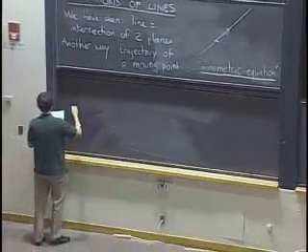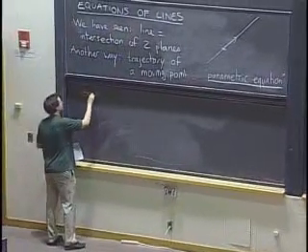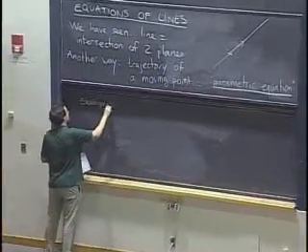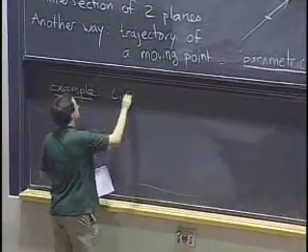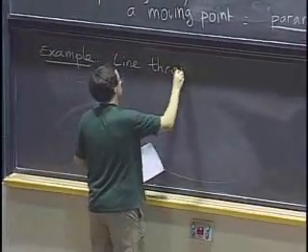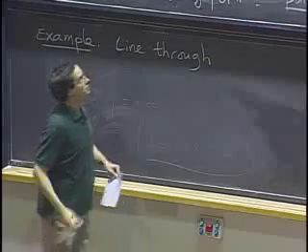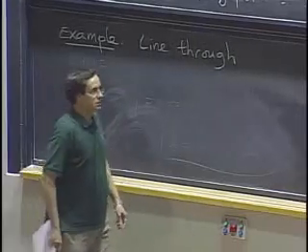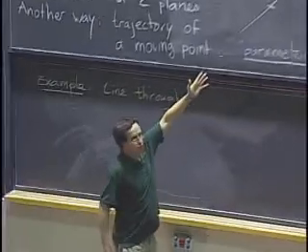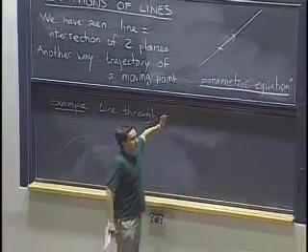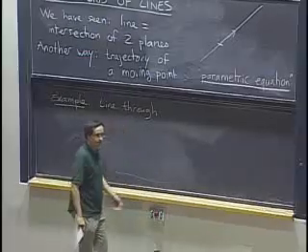So let's say, for example, that we are looking at the line through... To specify a line in space, I can do that by giving you 2 points on the line, or by giving you a point and a vector parallel to the line, for example.